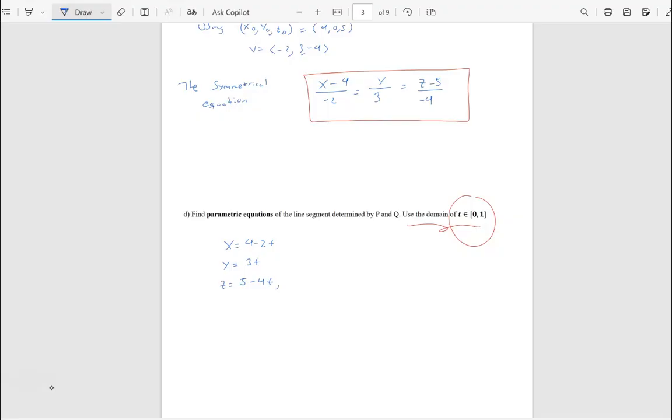But we do have to put a disclaimer: the values of t are only from 0 to 1.